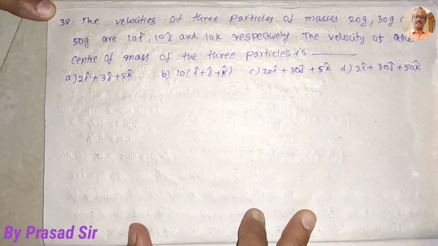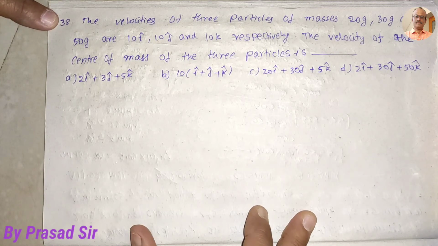Question number 38: the velocities of three particles of masses 20 grams, 30 grams and 50 grams are 10 i cap, 10 j cap and 10 k cap respectively. The velocity of the center of mass of the three particles is how much? First of all, what are the given values?